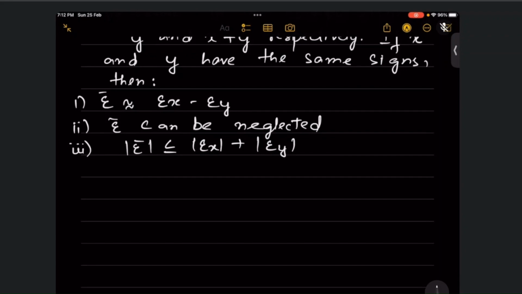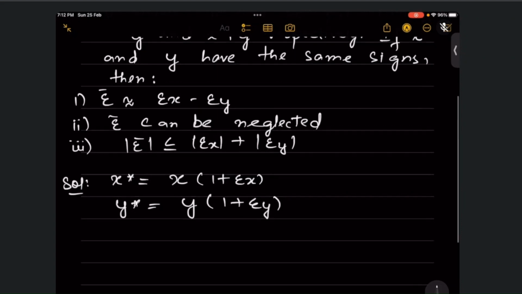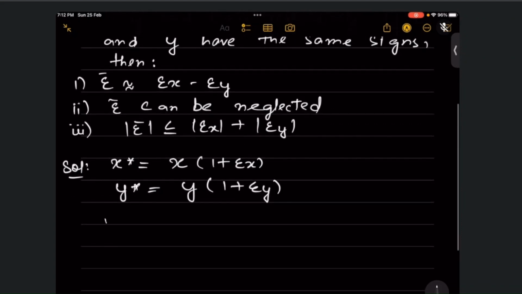It's simple. We know that x star can be simply written as x into 1 plus epsilon x, the error associated with it, right? And similarly, y star will be what? y into 1 plus epsilon y. Now for calculating the error associated with x plus y, it will be of the form x plus y.